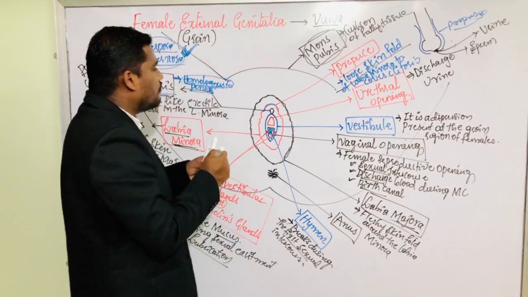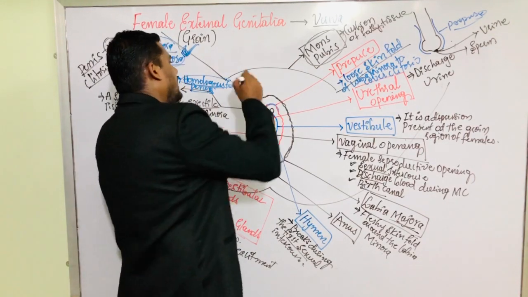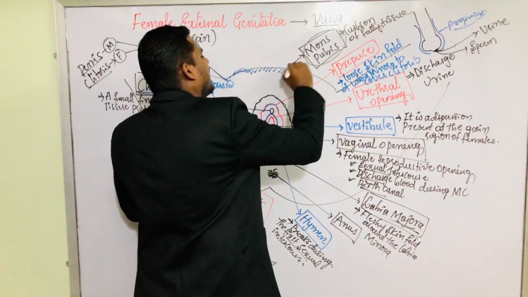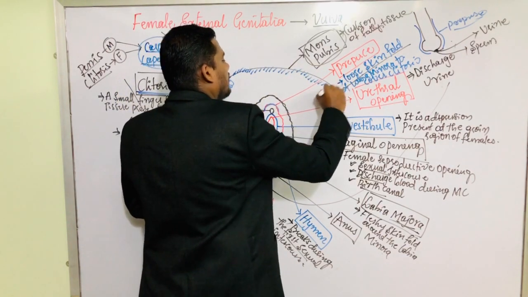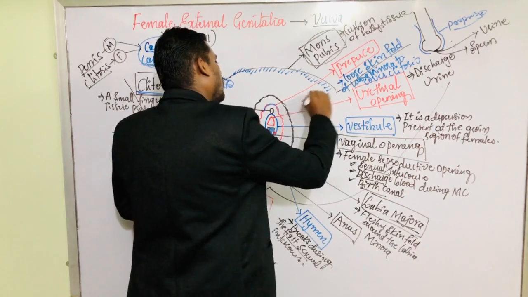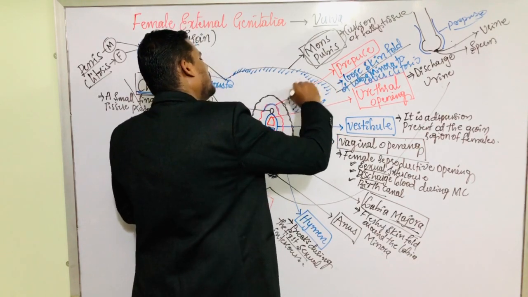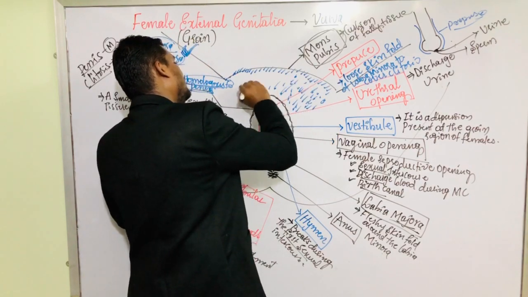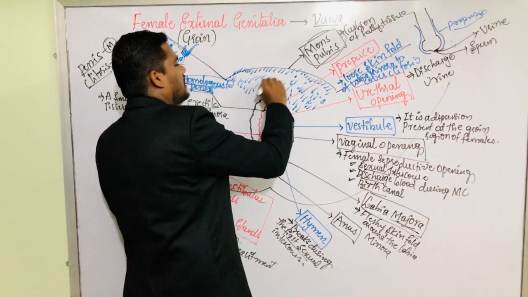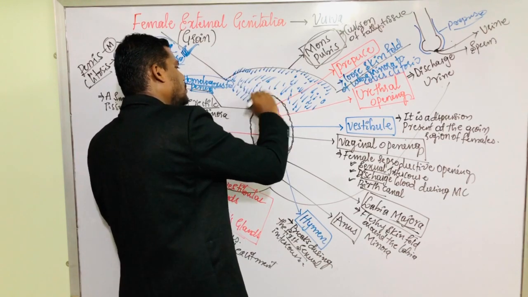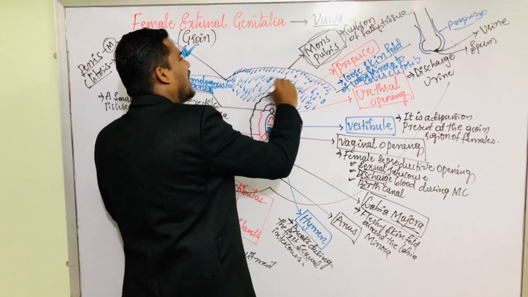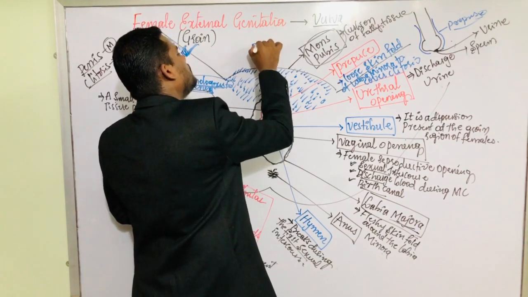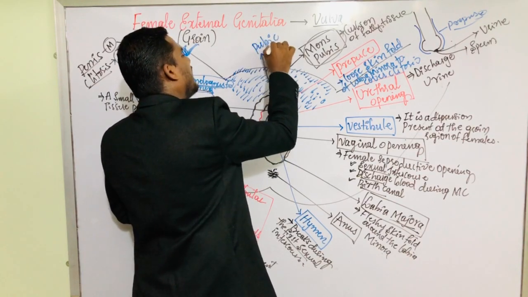That is why we have hair here. We have hair all around the mons pubis. Mons pubis is nothing but a cushion of fatty tissue where we have the pubic hair.